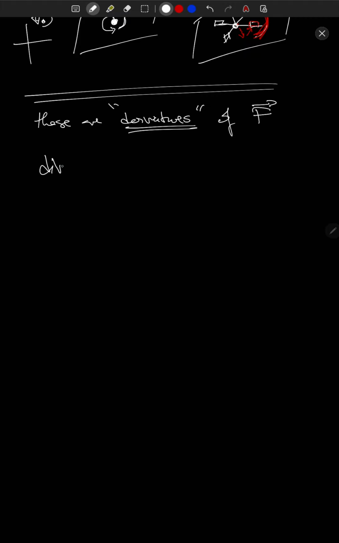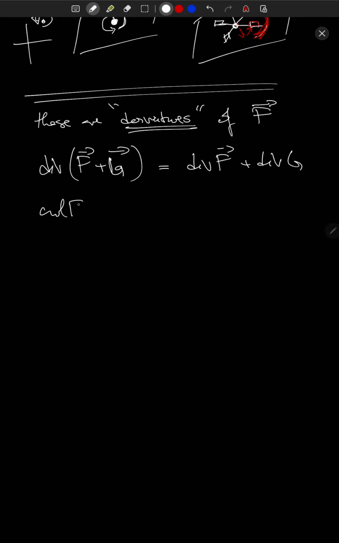So for example, divergence of F plus G, if I have two vector fields and I add them together, that's the same as divergence of F plus divergence of G. Same with the curl. Curl of F plus G is equal to curl of F plus curl of G. And you can check this straight from the definition.